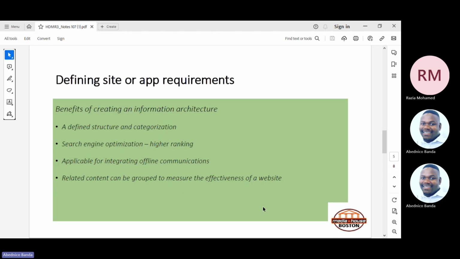At the end of the day, it shows that the website is well organized. It can also help with ranking and page popularity, which would be good for SEO. It can also be applicable for integrating offline communications, and content can be grouped to measure the effectiveness of a website. So this is always good for reporting as well.